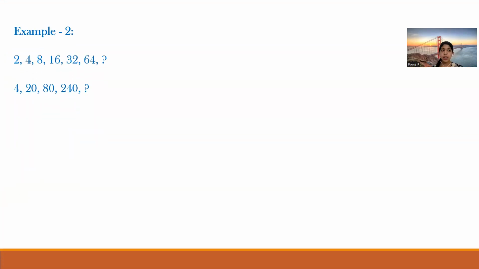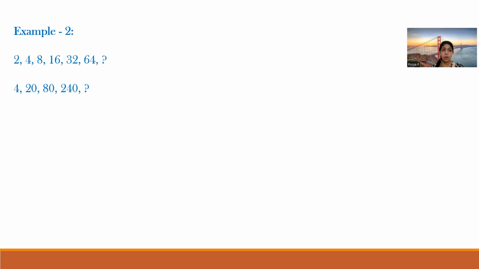So here we have something called product series. Product series will be something to do with a number and a multiple of the number. Here, if you notice, you have 2, 4, 8, 16, 32, 64.